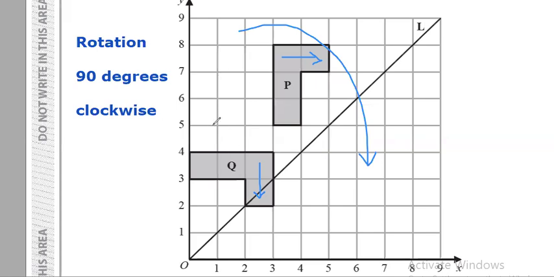Basically, the center of rotation should have the same distance from the original shape and the image of the shape.